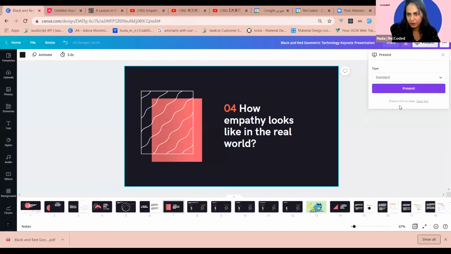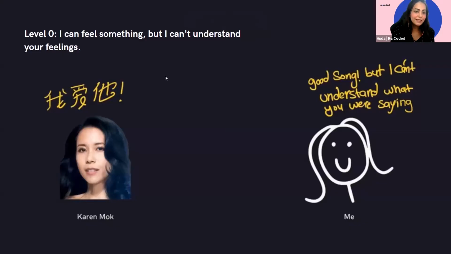Okay, so what we did right now was not empathy at all. What we did actually was sympathy, because we had some feelings about the song. It was a great song and we got a lot of great emotions, but we couldn't actually understand it. So that's exactly the meaning of sympathy.